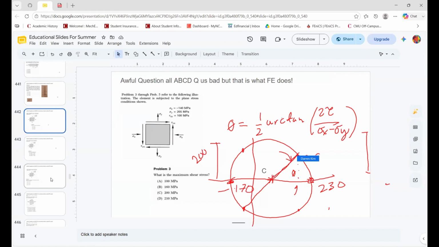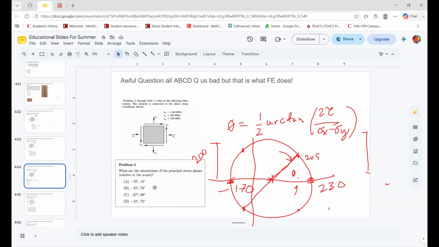So this is 200, and you can get the angle by looking at it and doing a coordinate transfer to figure this out, which is like, why would you go through the effort of doing that? I have no idea. It's usually just 2 tau divided by omega, and this is supposed to be 2 theta over here, usually. I only know that because I've done this before with Dr. Chi in her class, which is why I remember these things.